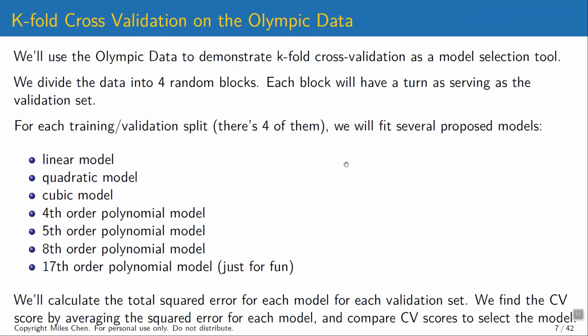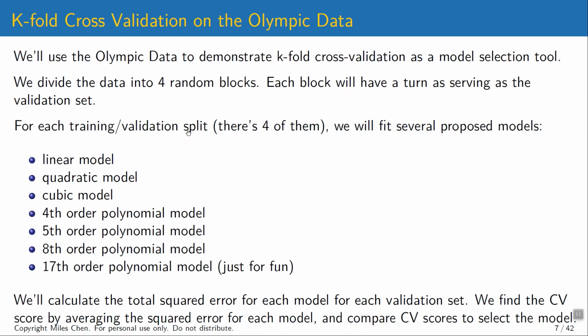So we're going to look at the Olympic data, and we're going to split it into 4 random blocks. Each of those blocks will have a turn serving as the validation set. Every time a block is the validation set, we're going to fit a bunch of proposed models in order to compare their performance.